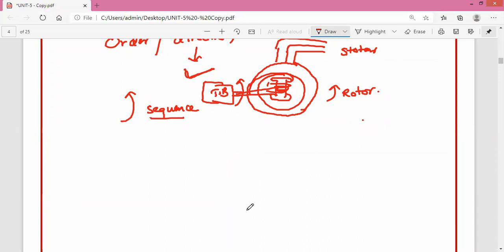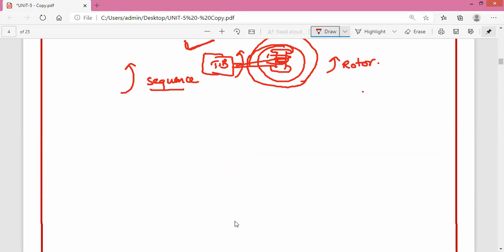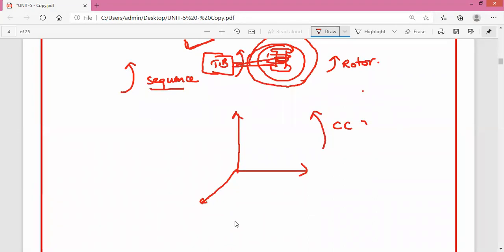Okay. So here I am taking the rotor direction as counterclockwise, right? When the rotor is rotating in a counterclockwise direction, I am observing from here.